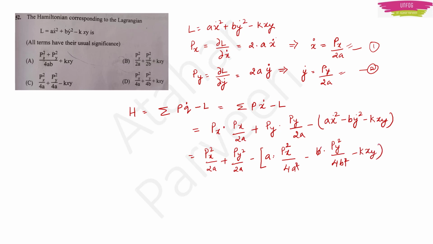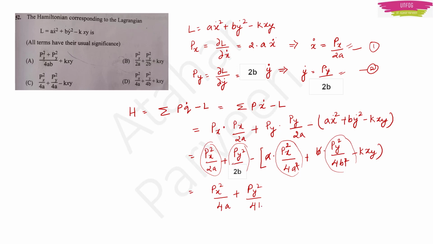One b will get cancelled, one a will get cancelled, and px square by 2a minus px square by 4a, if I subtract, I get px square by 4a. Again, I subtract py square by 2b and py square by 4b, I get py square by 4b.